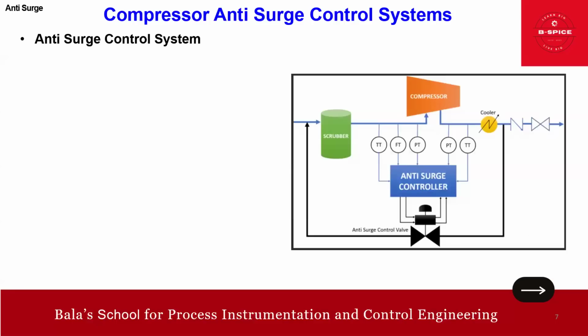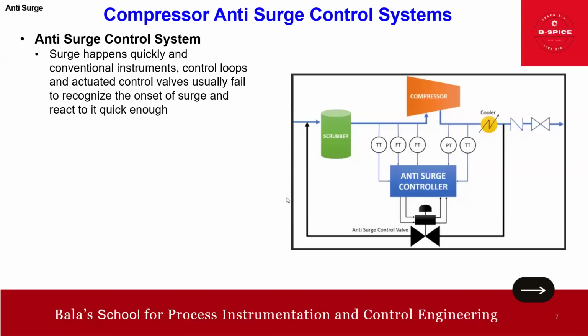The anti-surge valve is typically controlled by a dedicated anti-surge controller, which uses a combination of PI, proportional integral control, and a rapid mechanism to handle both steady state and sudden disturbances.